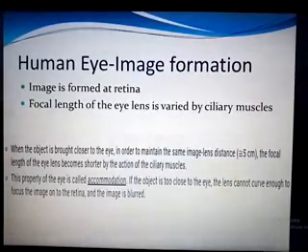Okay, when the object is brought closer to our eye, for example less than 5 centimeters, till 5 centimeters we can see the object clearly. Less than 5 centimeters, if you take the object close to your eye, the eye finds it difficult to view it clearly. Try it on your own.